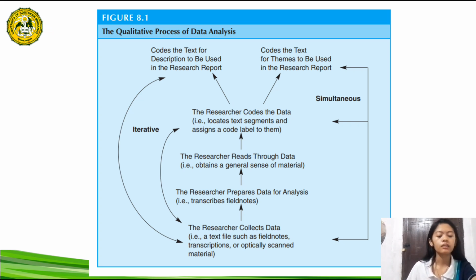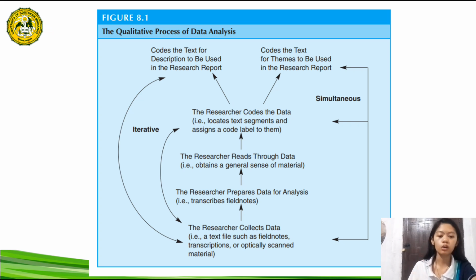The third one is that it is also iterative. As you can see in the figure, the meaning of iterative is that you can cycle back and forth between the data collection and analysis. In qualitative research, you might collect stories from individuals and return for more information to fill in gaps in their stories as your analysis of their stories proceeds.